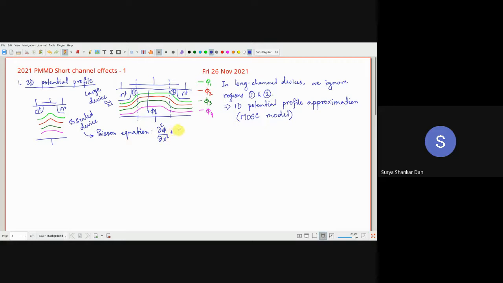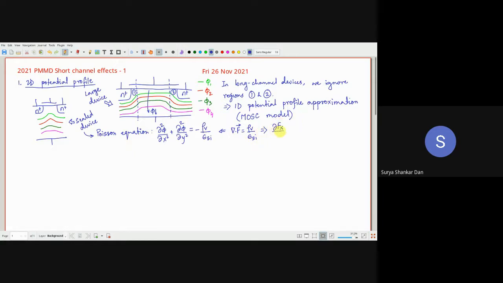This is plus del 2 phi del y square. This won't be plus, this will be minus. And this is coming from, remember, the case of divergence F is equal to rho v by epsilon si.